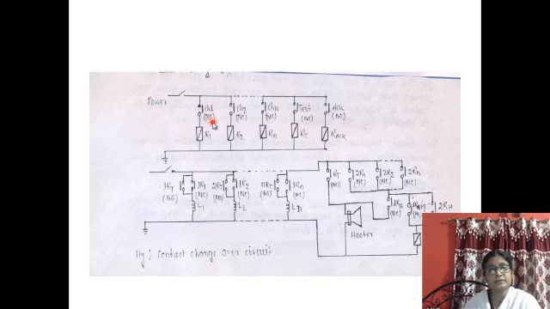Now say all these are NC type contacts. That means when the plant is in healthy condition, all the channels, all the control loops are in healthy condition. So all these are in de-energized state. These are in closed condition.